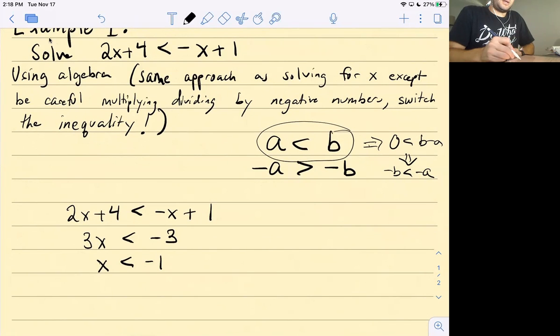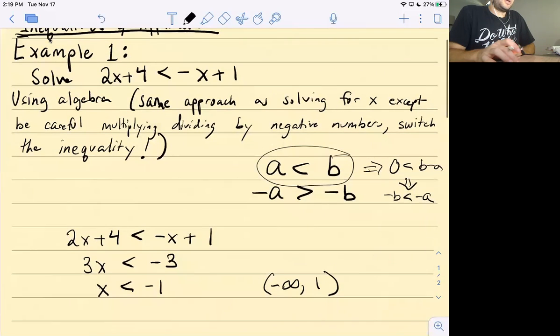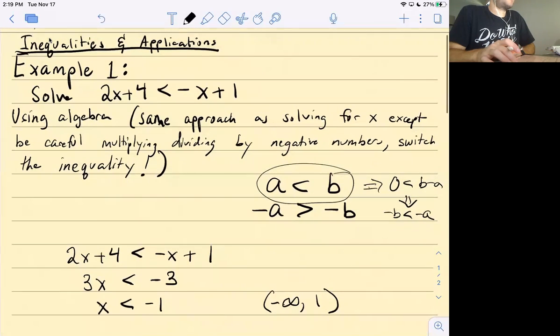And if you want to write it as an interval, you could write it as negative infinity, comma, negative 1 in parentheses. Any questions on this way of solving it? Okay, let's do this another way, which is a graphical interpretation, which is nice for other types of problems where maybe you don't want to really do algebra, but you want to understand the visual.